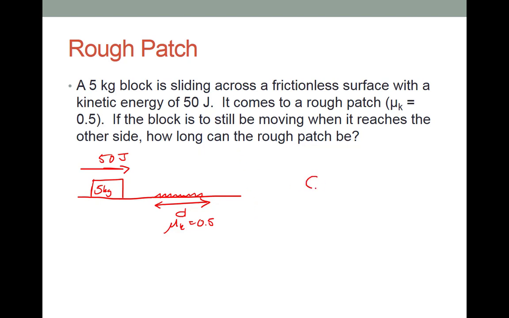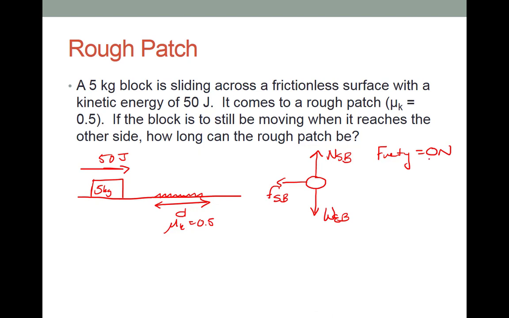Okay, so looking at the free body diagram of the block, when it is in the rough patch, you have the normal force up, you have weight down, and you have friction pointing to the left since the block is moving to the right. We can then use Newton's second law in our two directions.